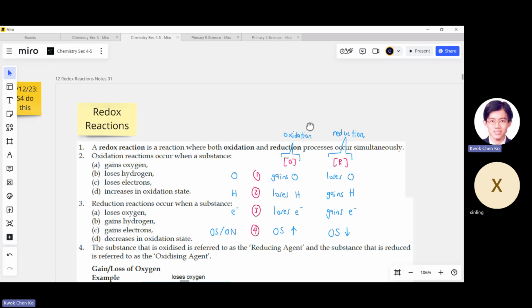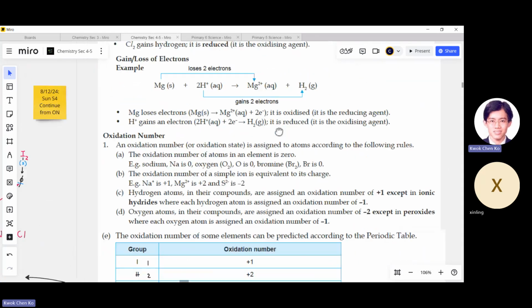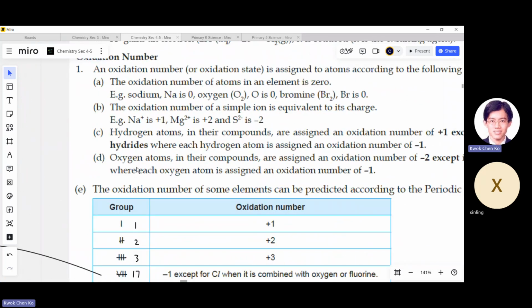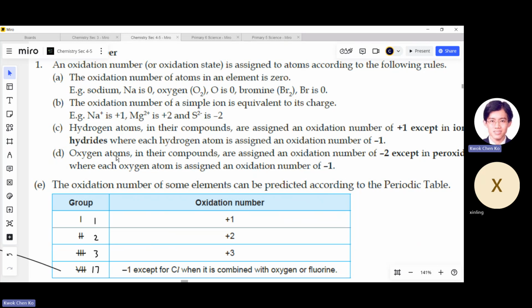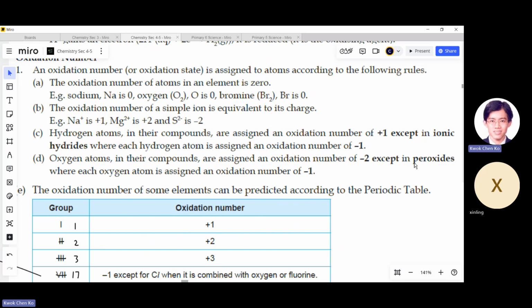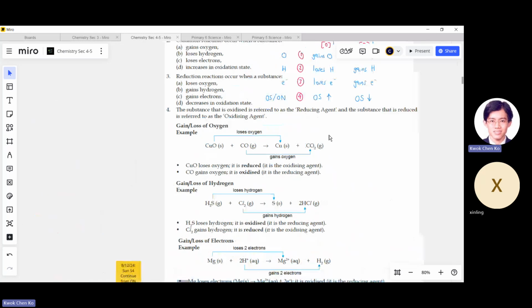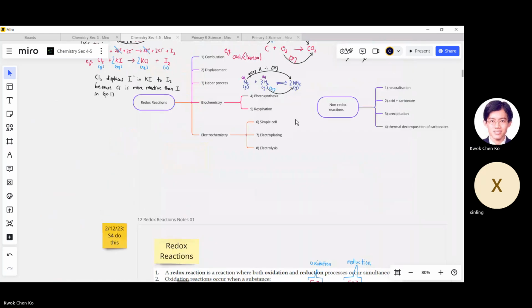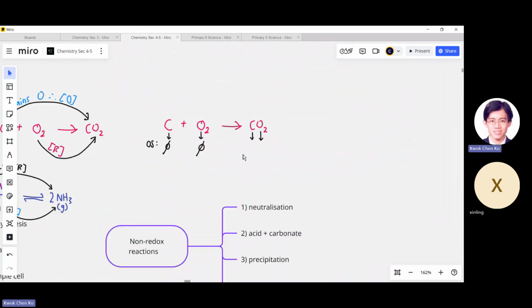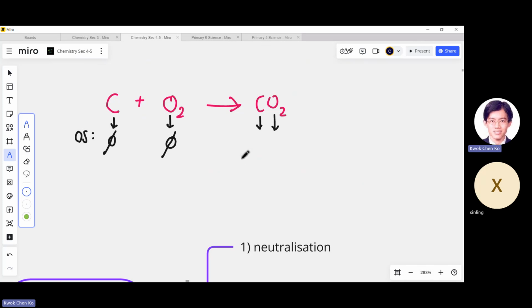I look at rule C, I think. Oh no, D for dot. Oxygen atoms, this rule, assign an oxidation number of -2 except in peroxide. CO2 is not peroxide, so therefore O will be assigned -2. And according to rule D for dot, O here is assigned -2. Take note, I don't care about the coefficient.